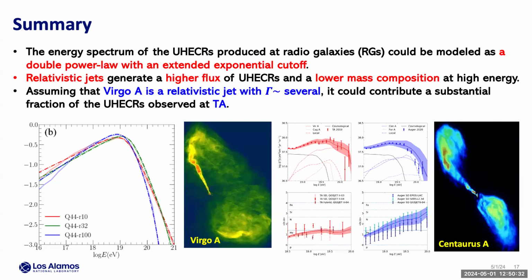In the northern hemisphere, there's a relativistic jet emitted from Virgo A, so there can be a discrepancy between the observational data from the northern and southern hemispheres. Okay, that is all, and thank you for listening to my talk.